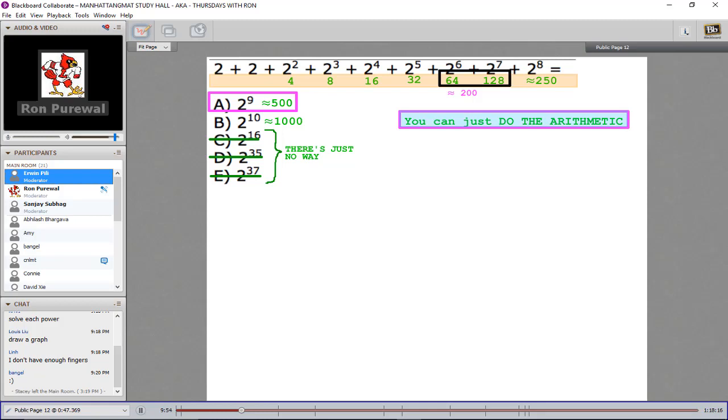Either you just never thought to even do the arithmetic, which means that you're not really thinking of these as numbers. You're kind of thinking of them as symbols that don't really mean anything. You're just kind of trying to push around symbols according to totally arbitrary rules.